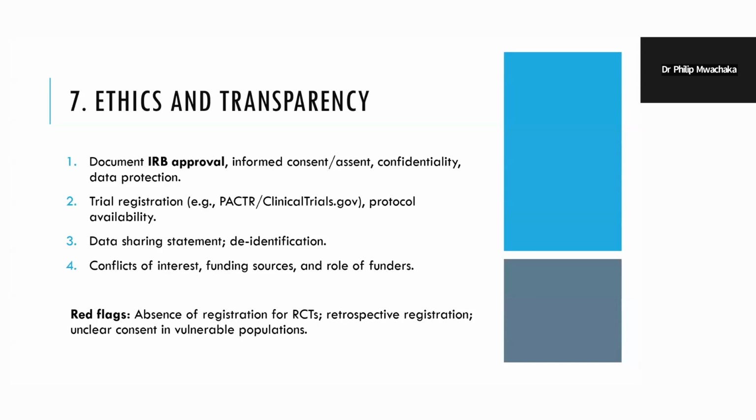So it is extremely important that you state your sources of funding so that it's clear to whoever is reading the paper that there was no conflict of interest in terms of funding. So sources and the role of funders. Okay.